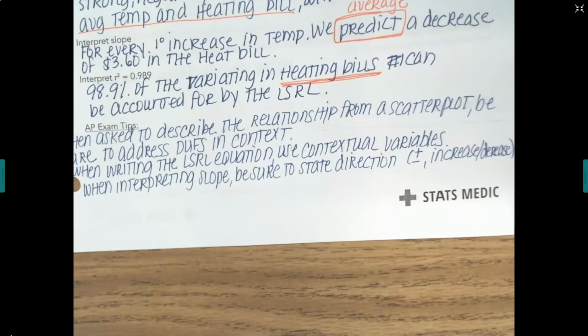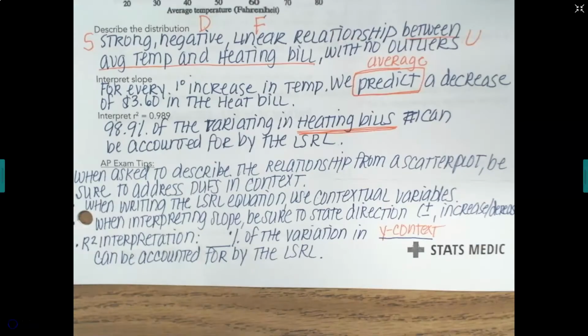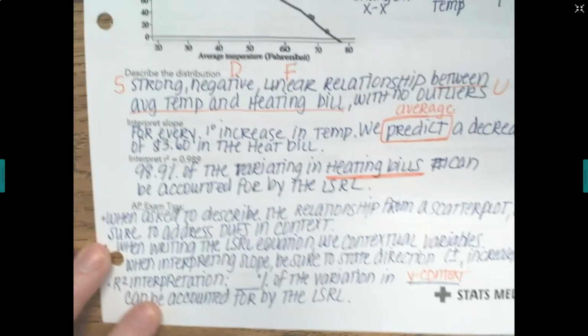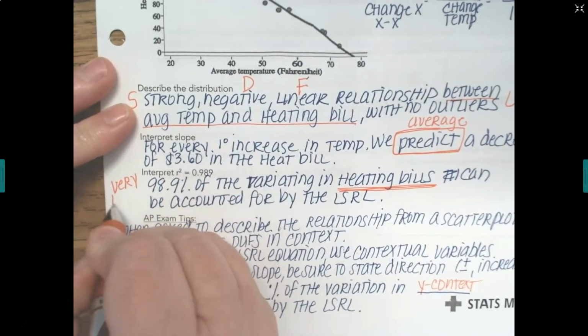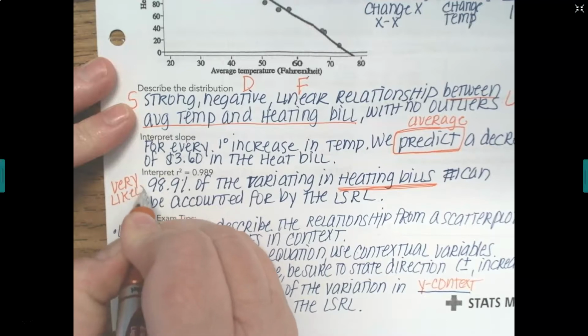And our final AP exam tip has to do with r squared. You're going to change r squared into a percentage and place a percentage here. So blank percent of the variation in whatever our y context is can be accounted for by our least square regression line. That's pretty important because you are very likely to see an interpret r squared question.